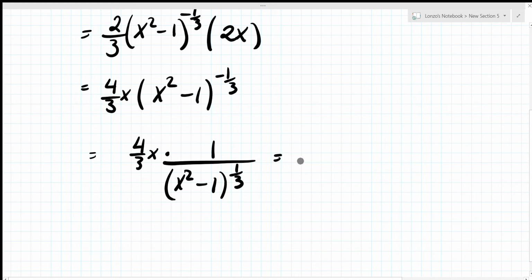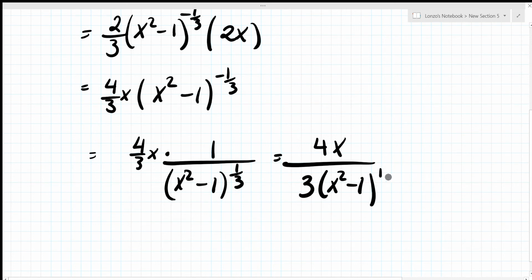This simplifies as 4x over 3, times x squared minus 1 raised to the positive 1/3 power.